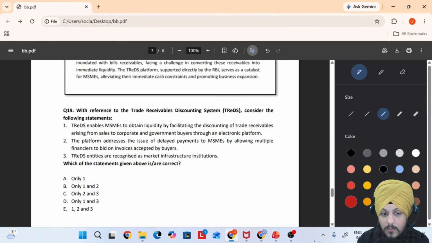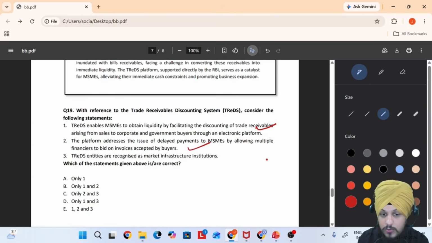With reference to TReDS, consider the following statements. TReDS enables MSMEs to obtain liquidity by facilitating the discounting of trade receivables arising from sales to corporate and government buyers through an electronic platform. Now, this is true. This is the objective behind TReDS. And the platform addresses the issue of delayed payments to MSMEs by allowing multiple financiers to bid on invoices accepted by buyers.